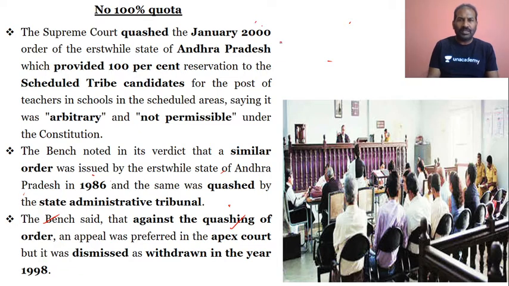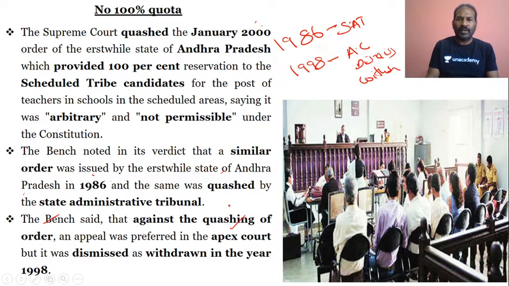First is 1986, it was quashed by SAT, and then they approached the apex court in 1988, but again it was dismissed, and then the government also withdrew it. Again in the year 2000, the government came up with an order, a government order. Again, in 2020, the Supreme Court has quashed it.